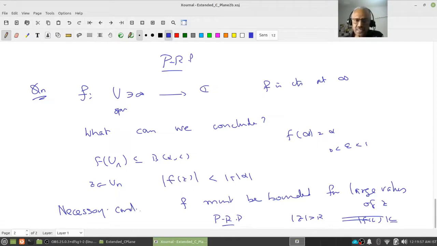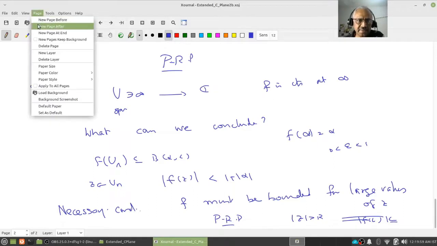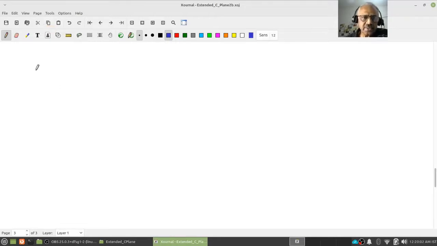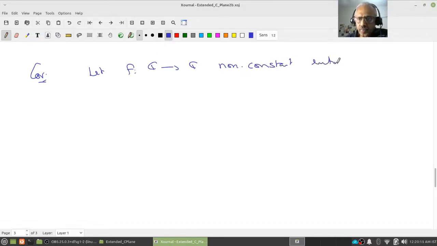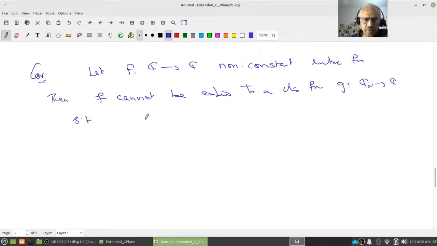As an immediate corollary, let f from C to C be a non-constant entire function, then f cannot be extended to a continuous function g from C infinity to C such that g restricted to C is f.